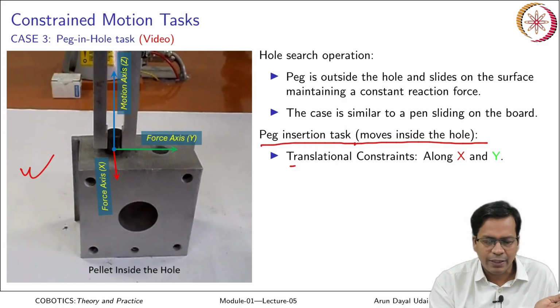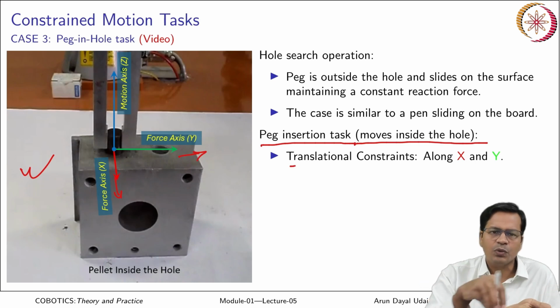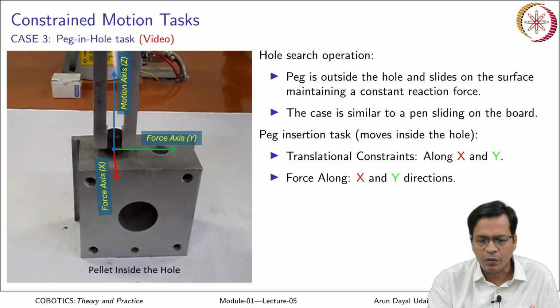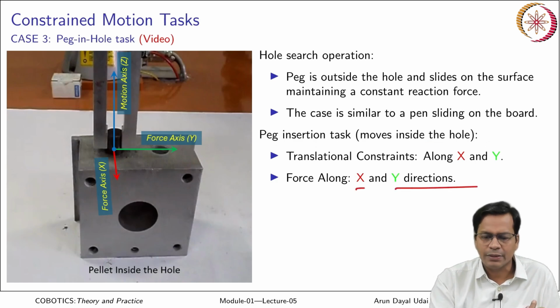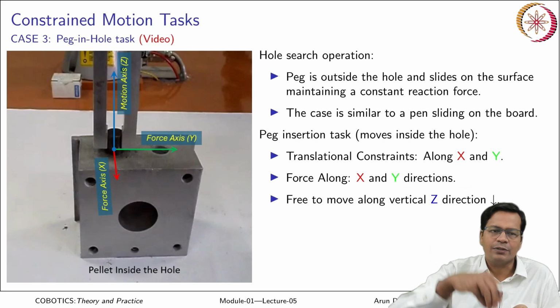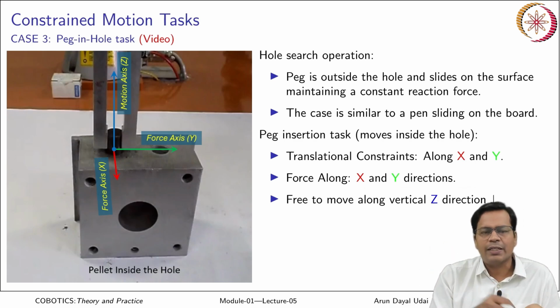Translational constraints are there along the x axis and the y axis. So, on those two axes you get reaction forces if you move a little off. Okay. So, the force axes are along x and y directions, free to move along the vertical z direction. As soon as it finds the hole, it is free to move along the z direction and it cannot produce any force.